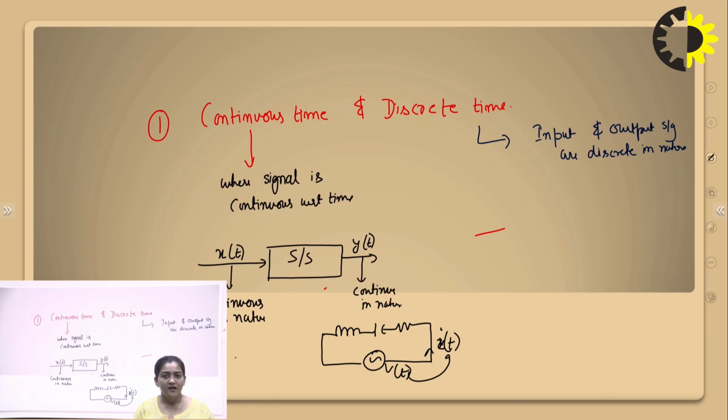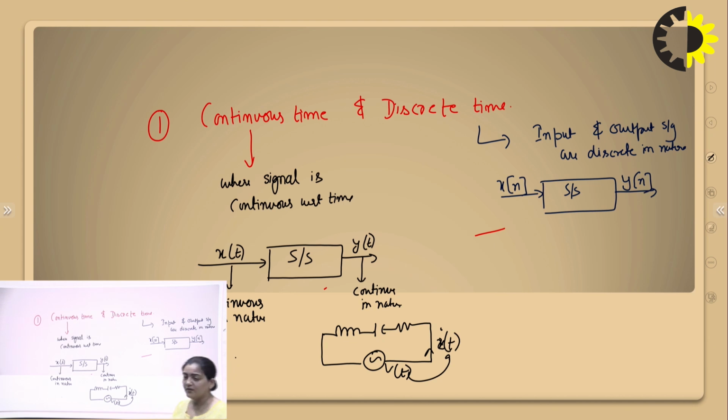It will give you a voltage that is discontinuous in nature, which is not good for the behavior of the system either. So for a discrete time input and output signal, we should have a system that is discrete in nature, with x and y.